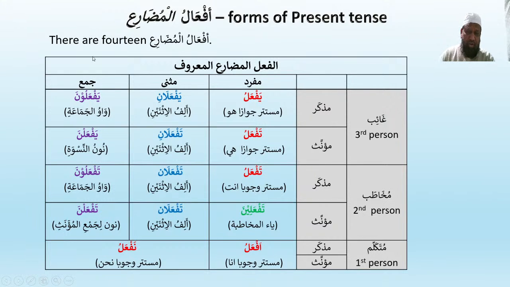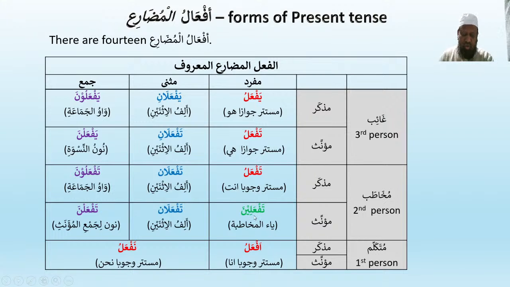For the muthanna, we can see the alif. For the jama mudhakkar, we can see the waw al-jama'a. For jama muannas ghaib, we can see the noon niswa. And for jama muannas mukhatab, we can see the noon jama muannas. And for the muannas mukhatab mufrad, we can see the ya.